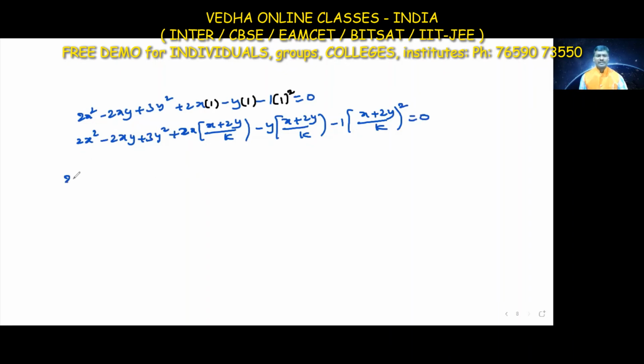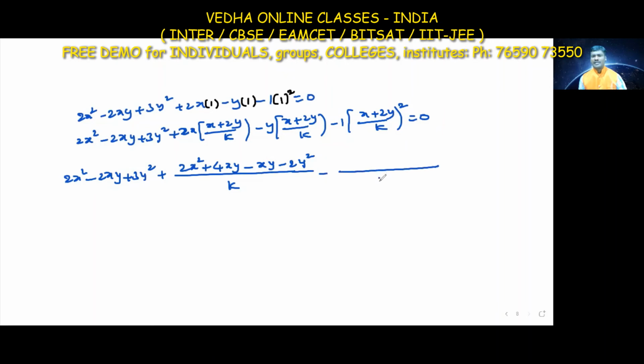Now simplify here. That is 2x square minus 2xy plus 3y square plus 2x in here, denominator is k. 2x into x is 2x square and 2x into 2y is 4xy, minus y into x, that is xy, minus y into 2y, that is 2y square, minus of, here LCM.